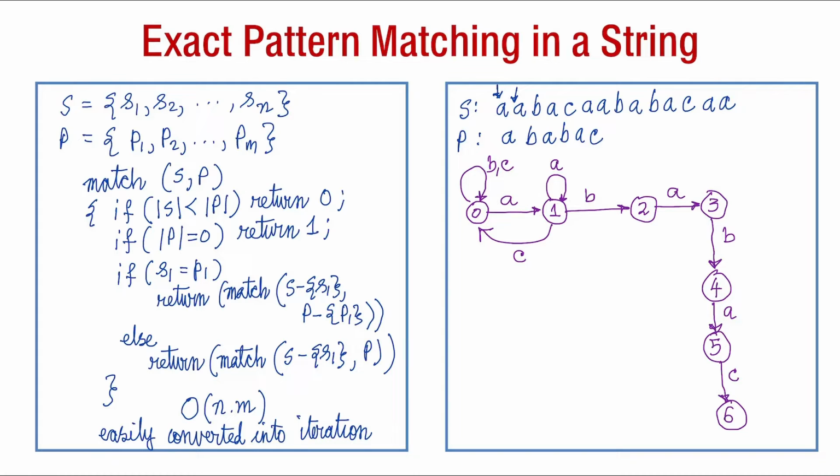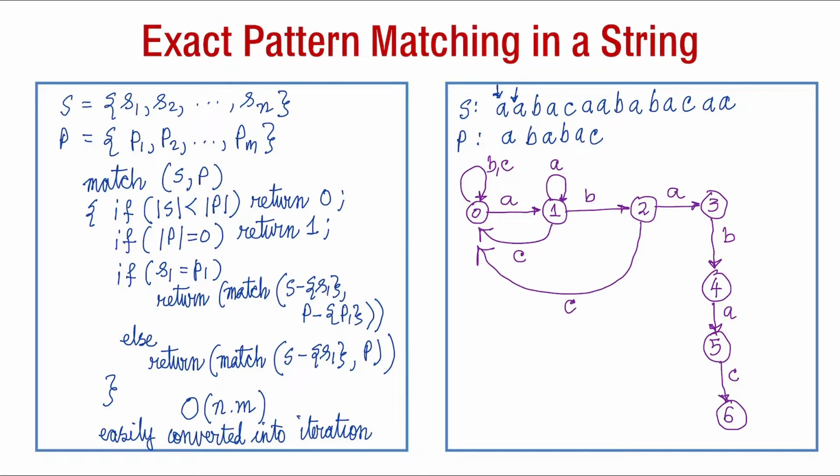Again, if I have reached B here, and then in B, if I get A or C, then I have to move to another location. So if from B I get A, then obviously I will move to state 3. So if I get C, the only thing I can get is C, then I will again have to restart from the beginning.